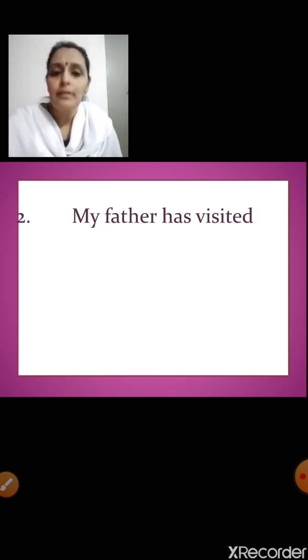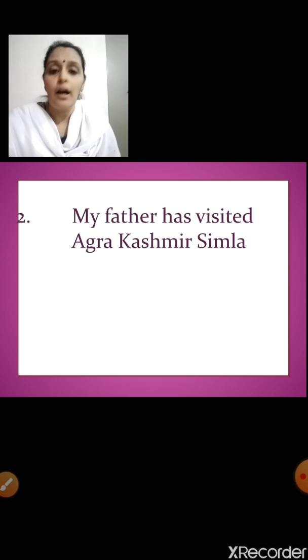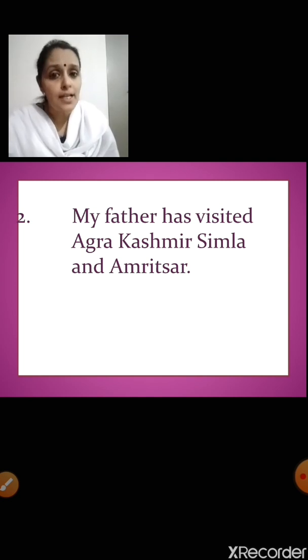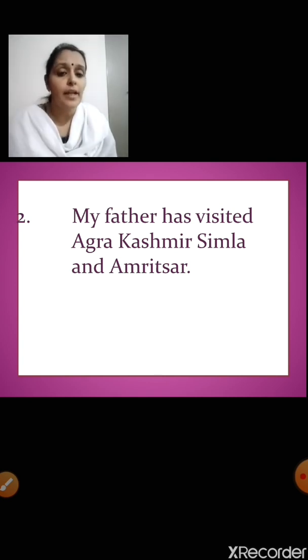My father has visited Agra, Kashmir, Shimla and Amritsar. Now here, children, my father has visited many places, right? So I am writing the names of the places: Agra, Kashmir, Shimla and Amritsar. These are special names, so see, the first letter of all these places is in capital.